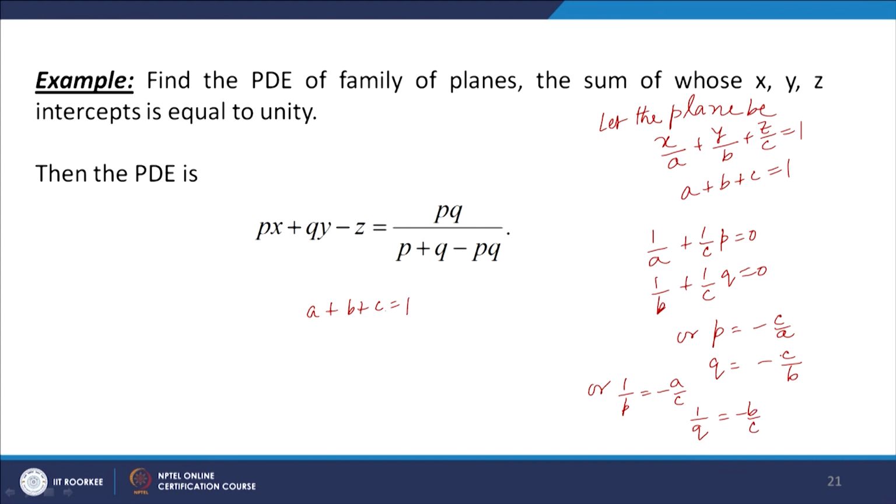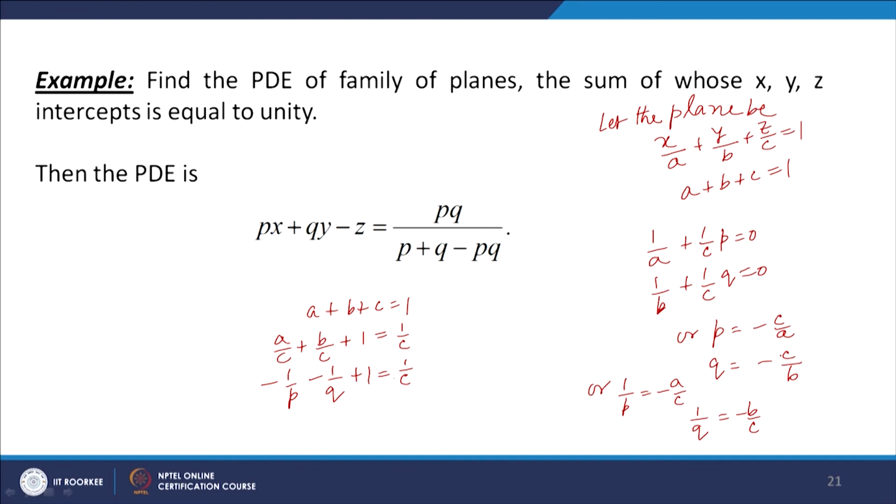Okay. So, a + b + c = 1, we can divide this equation by c. So, a/c + b/c + 1 = 1/c, and what we get here: a/c = -1/p, b/c = -1/q, plus 1 equal to 1/c.